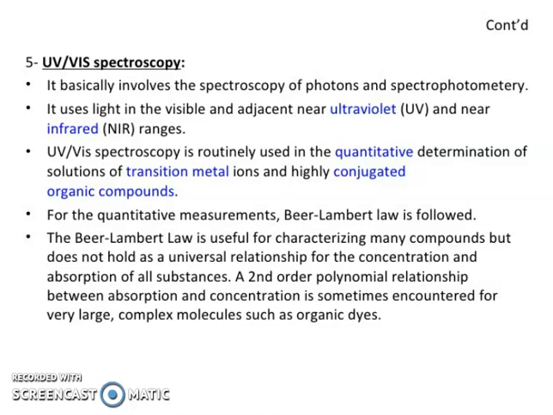For the quantitative measurement, Beer-Lambert's law is followed. The Beer-Lambert law is useful for characterizing many compounds but does not hold as a universal relationship for the concentration and absorption of all substances. A second-order polynomial relationship between absorption and concentration is sometimes encountered for large complex molecules such as organic dyes.